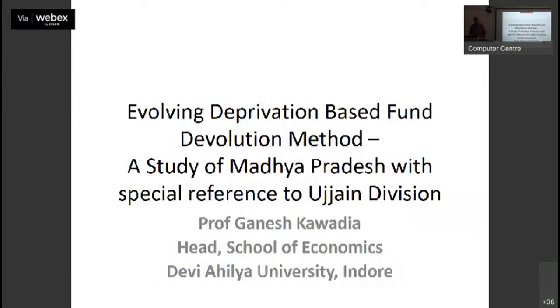But there are other ways of doing research without using much sophisticated techniques or estimation tools. By simple statistical inference, you can do a lot of exercises in social sciences or in economics. At Indore, the state government sanctioned one chair in our department, the State Planning Commission chair.